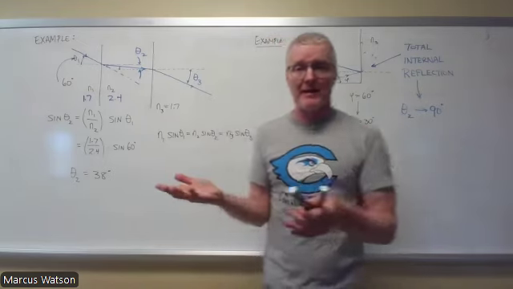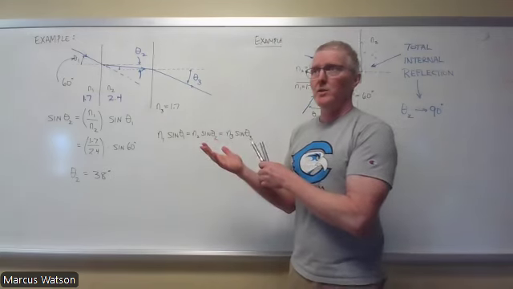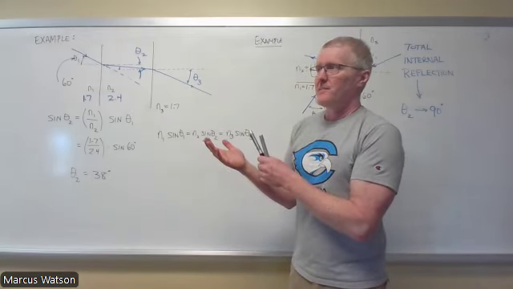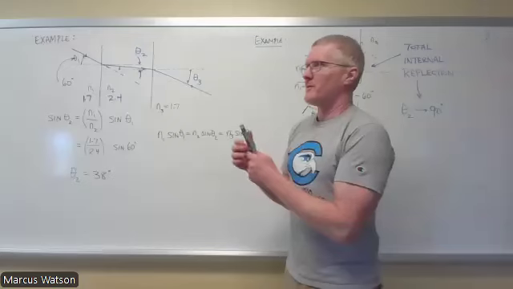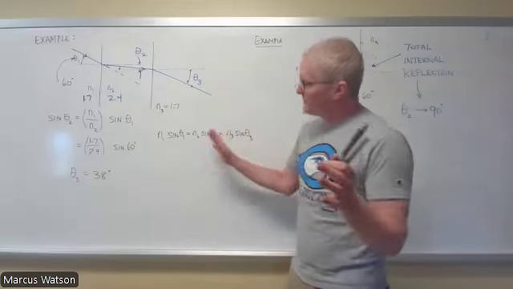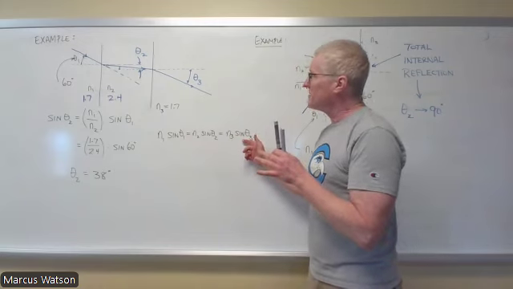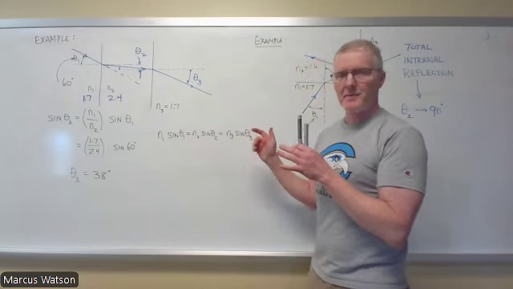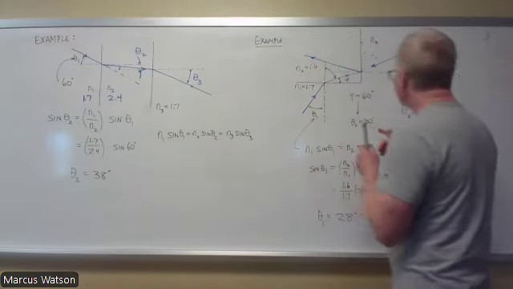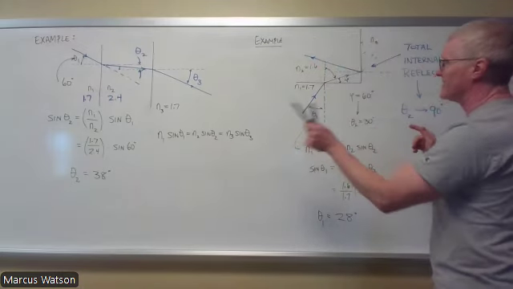Here's how we mathematically model that. We'll look at it mathematically in a minute, but it's not going to be possible for that angle to be more than 90. And I'll show you why. Mathematically, it doesn't like it.